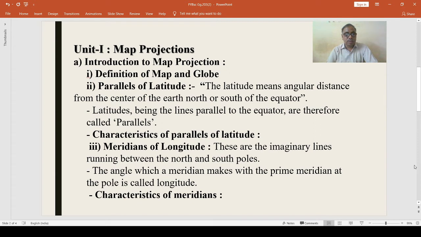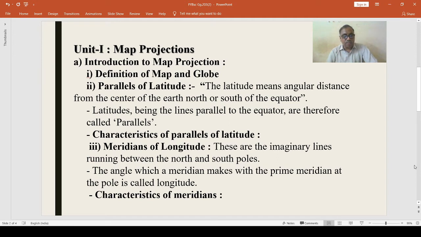The meridian which passes through Greenwich is called the prime meridian or 0 degree meridian. There are 360 meridians, of which 180 meridians are in the east and 180 meridians are in the west hemisphere.